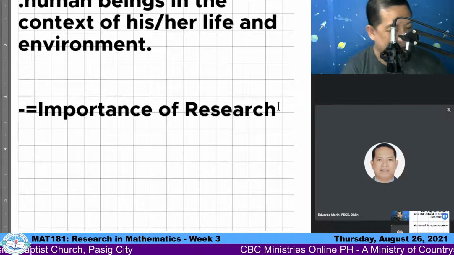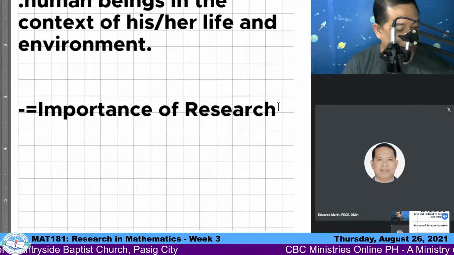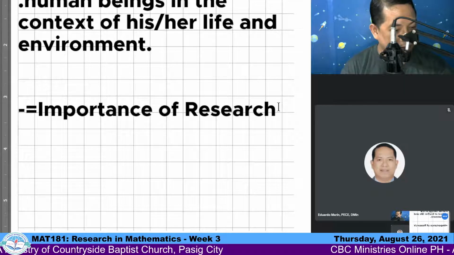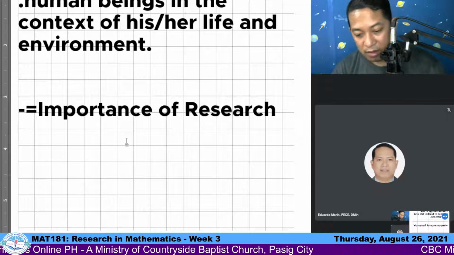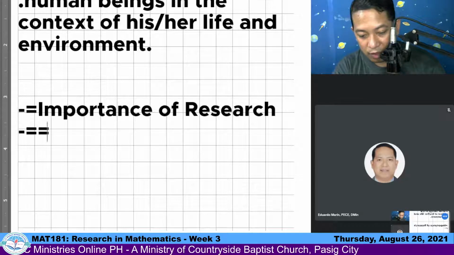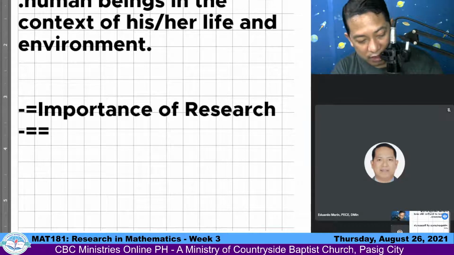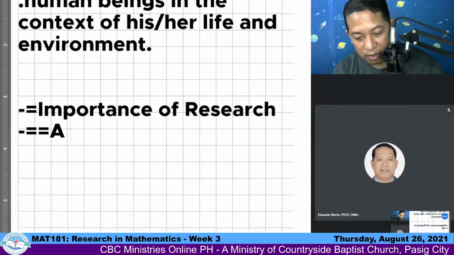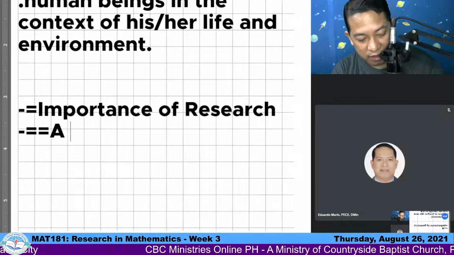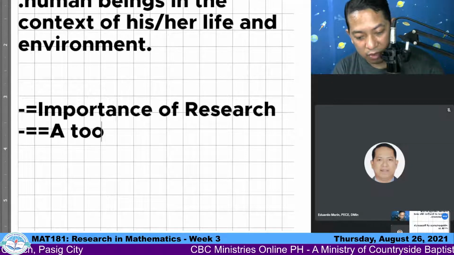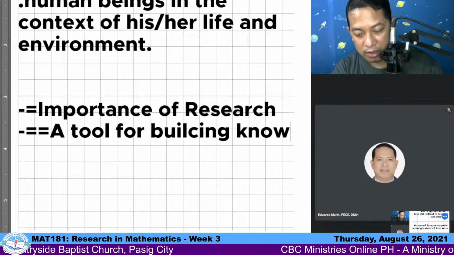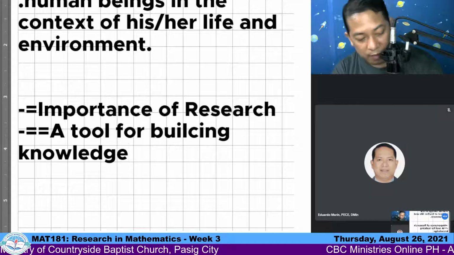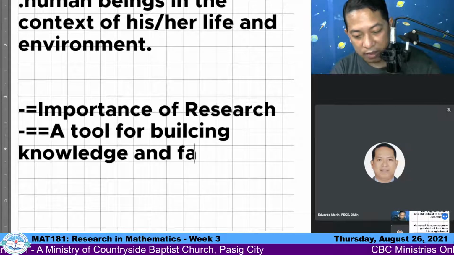Okay, number one, the importance that we could incorporate here is that research is a tool for building knowledge. It is a tool in itself for building knowledge and facilitating learning.